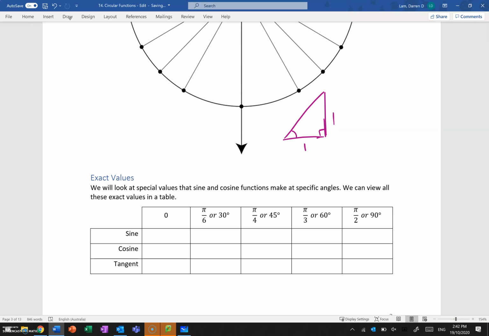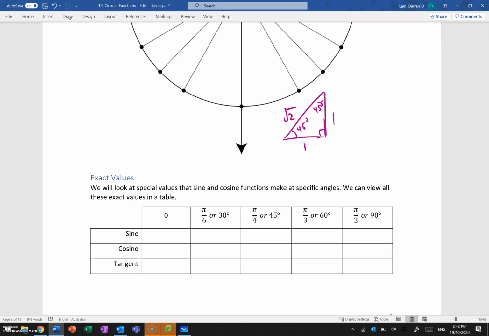James? Good, 45 degrees, or in other words, pi on 4. Based off that information, what is the length of the hypotenuse? It's Pythagoras. Root 2, thank you very much.